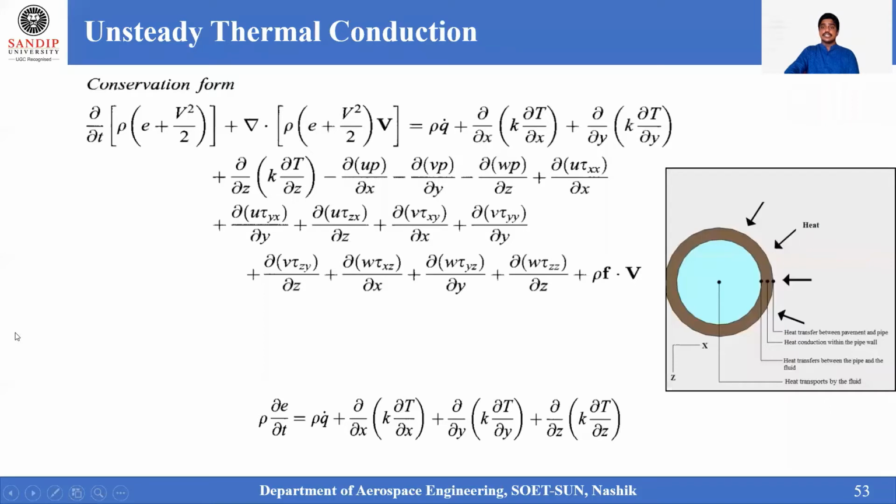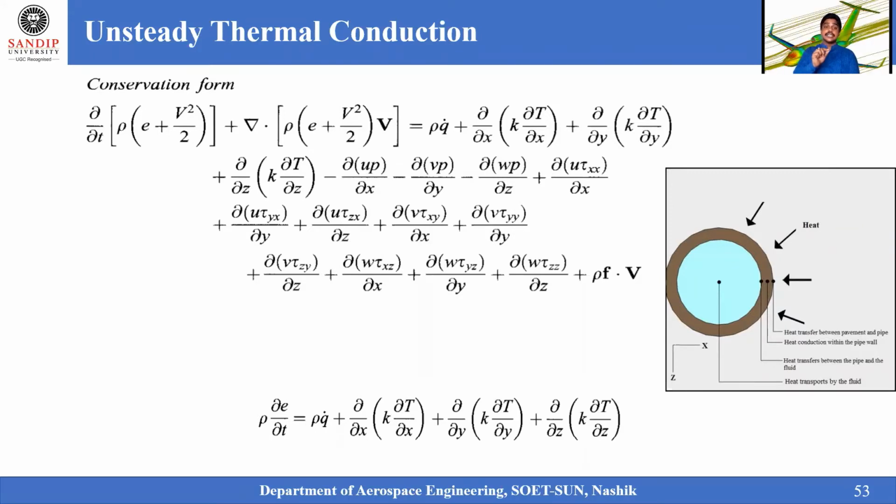I have assumed a condition where the velocity is not changing in that particular case. Okay, so addressing that particular case where only the energy is being transferred. When the energy is being transferred, that is the thermal conduction.